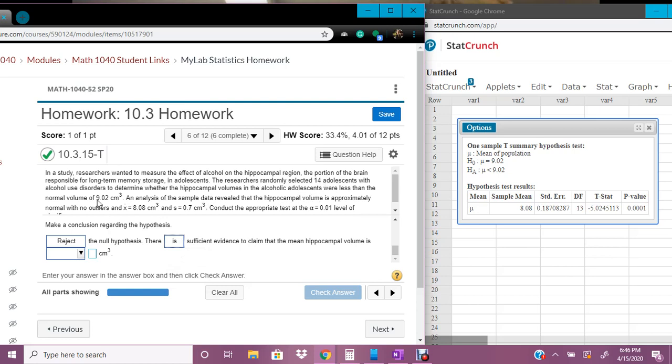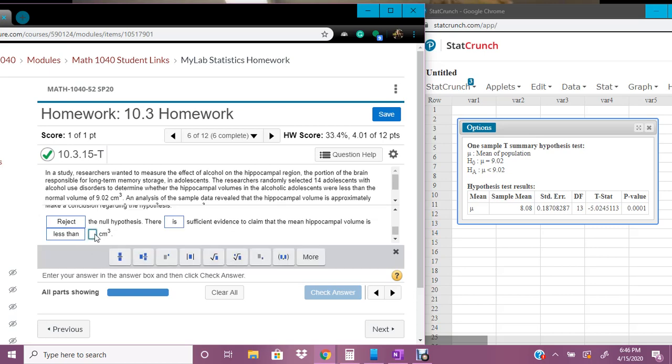They said whether the hippocampal volumes in the alcoholic adolescents were less than the normal volume of 9.02. So this is what they're trying to prove. And there is sufficient evidence because our p-value is less than the level of significance, that this mean is less than that 9.02.